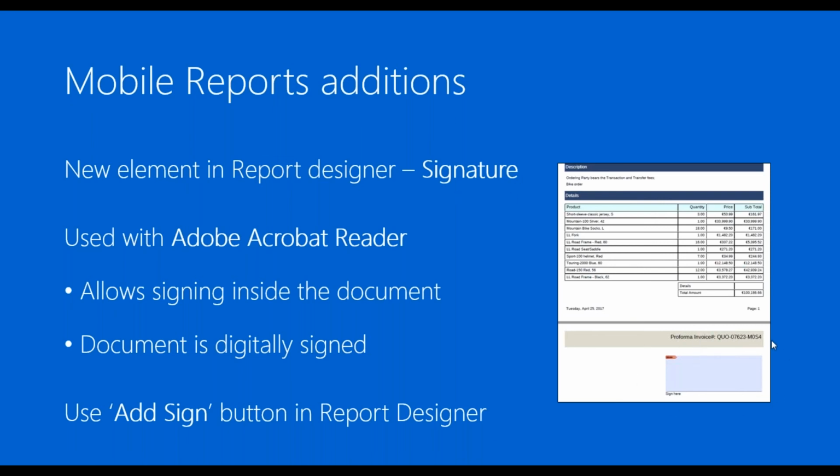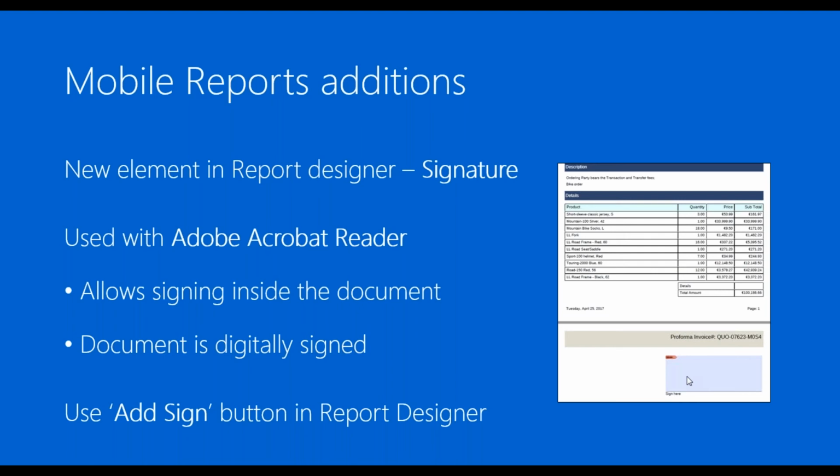And if you put that signature element here it will appear in the PDF as something like this. And as I said, it's only the Adobe Acrobat Reader program that can work with this and can actually offer you the signing. So the user would have to open that PDF document with this program and then click on the sign here, or basically the sign element, to provide the signature.